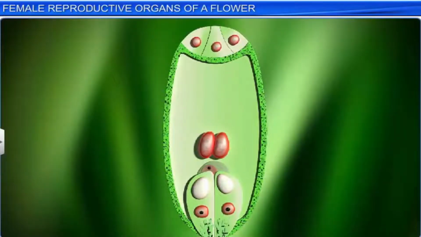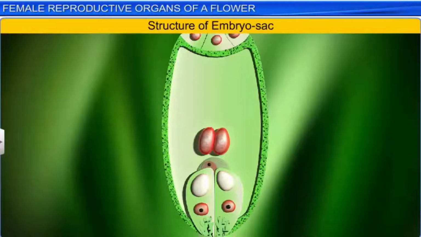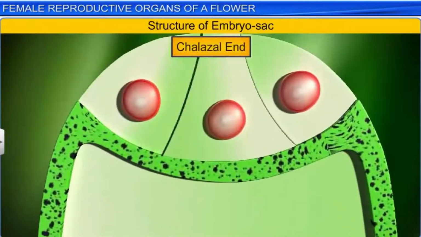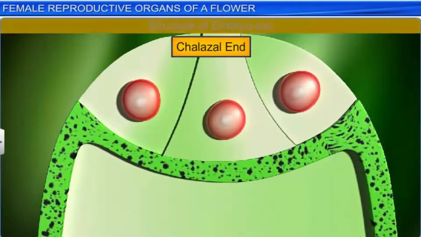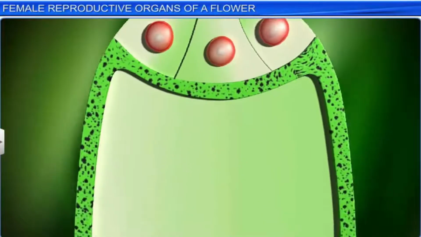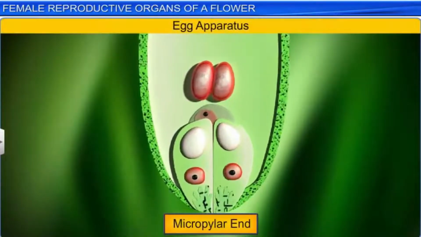Meanwhile, the 6 cells organize to form the typical structure of the embryo sac, which is now ready for fertilization. The 3 cells present at the chalazal end, for instance, group together to form the antipodal cells, which do not have any specific function, whereas the 3 cells at the micropylar end group together to form the egg apparatus.